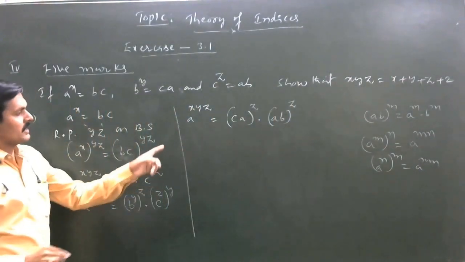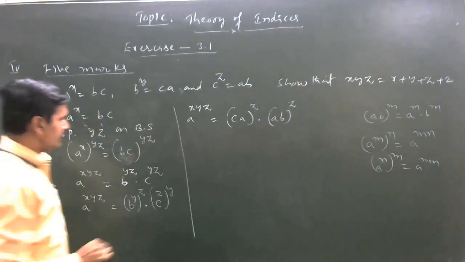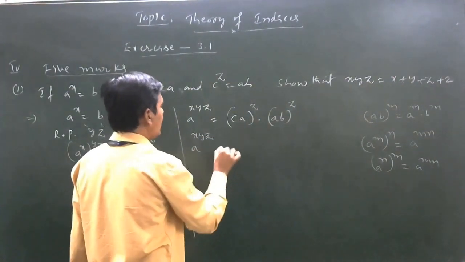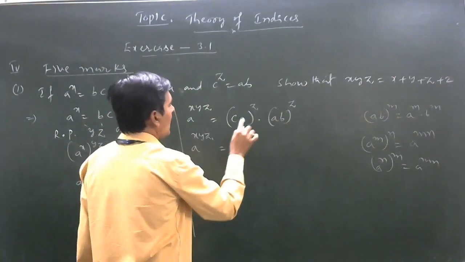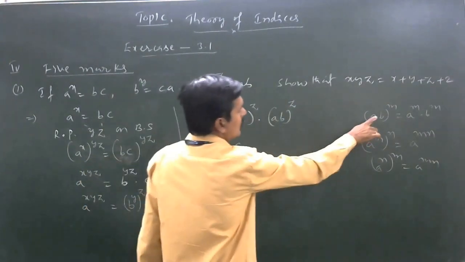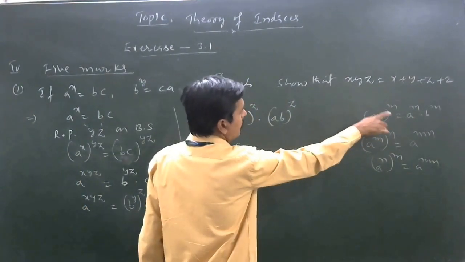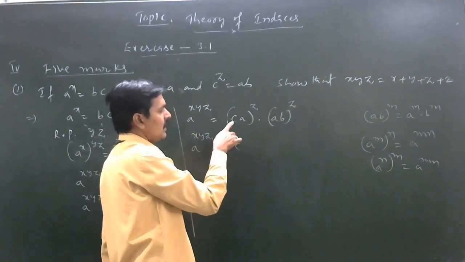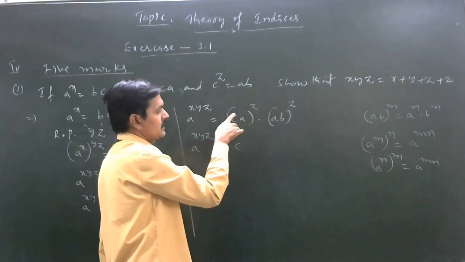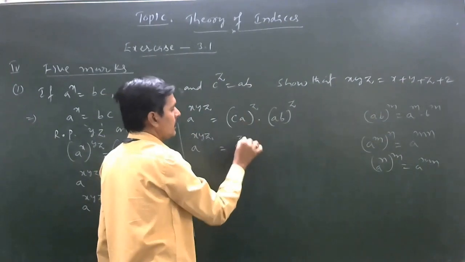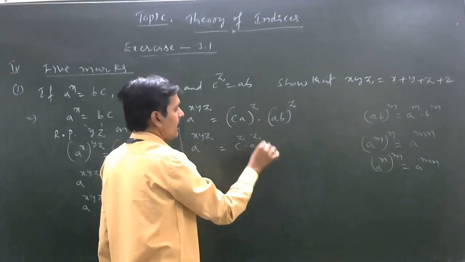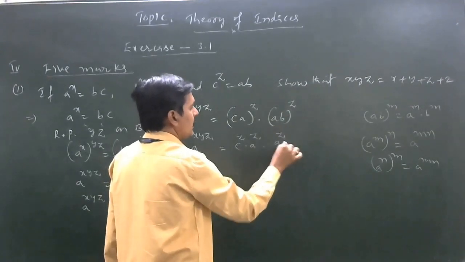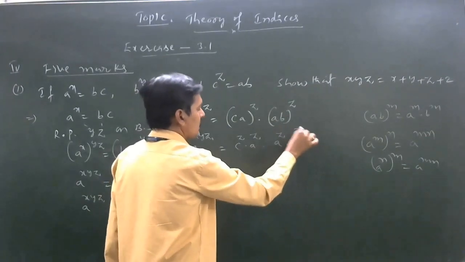Here the c power z value is ab. So a to the power of xyz equal to, applying ab whole power m means a power m into b power m. Here also applying this law, ca whole power z is c power z into a power z. Here also a power z into b power z.